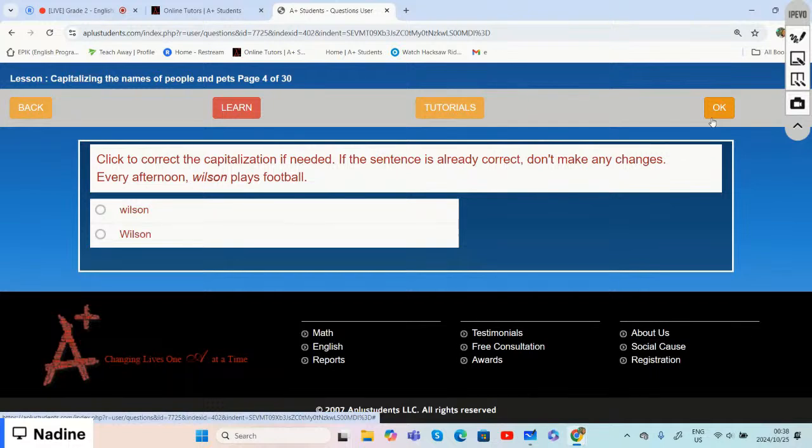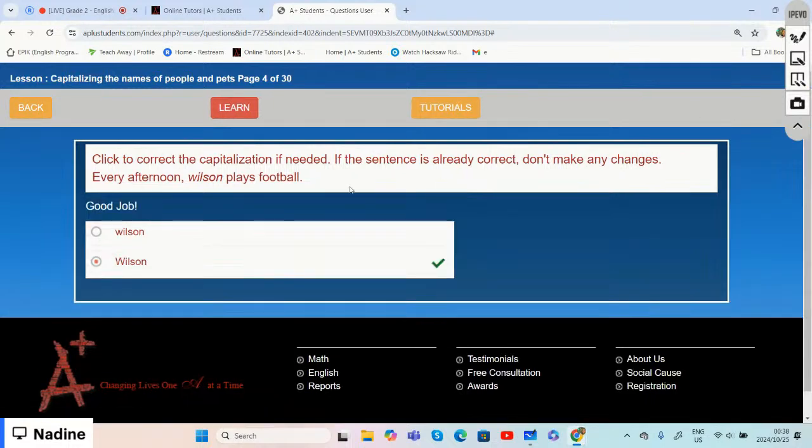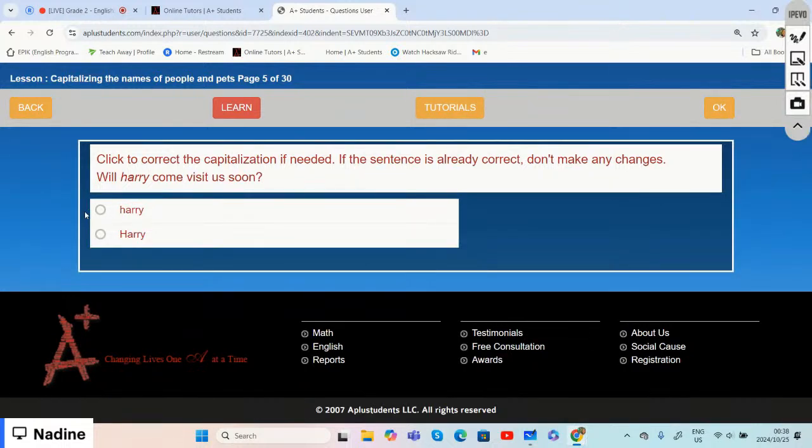And if we were to choose the correct option, then yes, we will say the second one. Option two is Wilson, capitalized. Yes, well done.